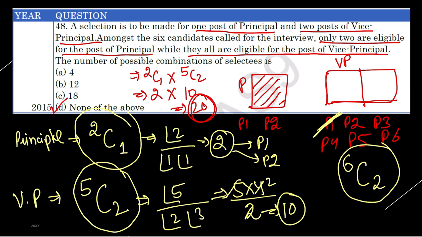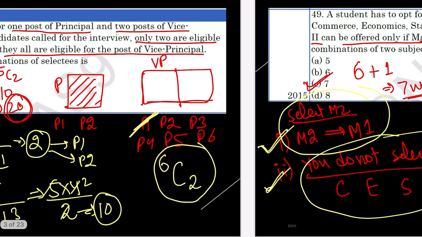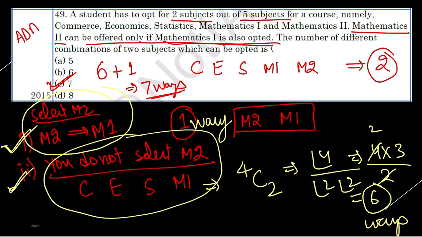So both of these cases are dependent on each other. That is why we use the multiplication rule here. And in the second case, we use the addition rule, because those 2 cases are independent of each other.